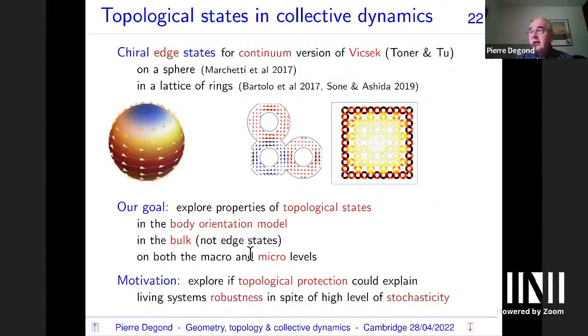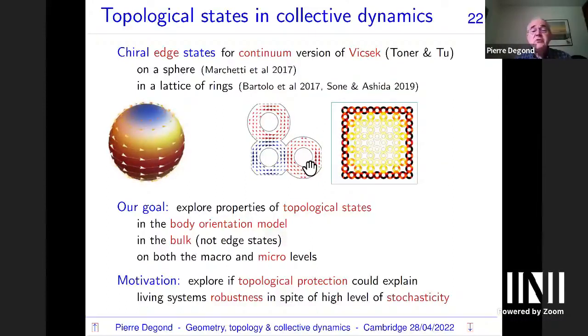And they are very promising materials for quantum technologies. So this is why people are very excited about that. In collective dynamics, people have started to wonder whether you could achieve topological states with collective dynamics. And there is a series of work by physicists, and now let me try to describe this one.